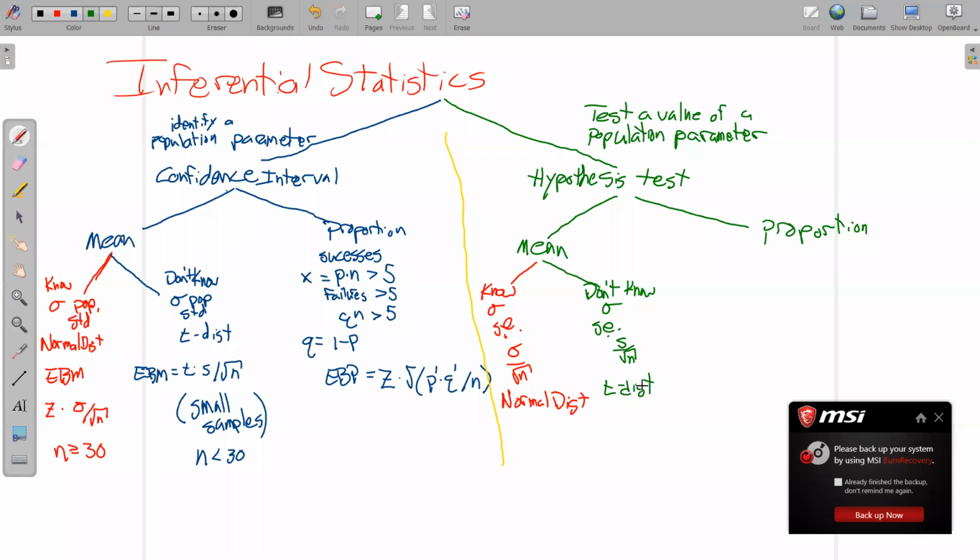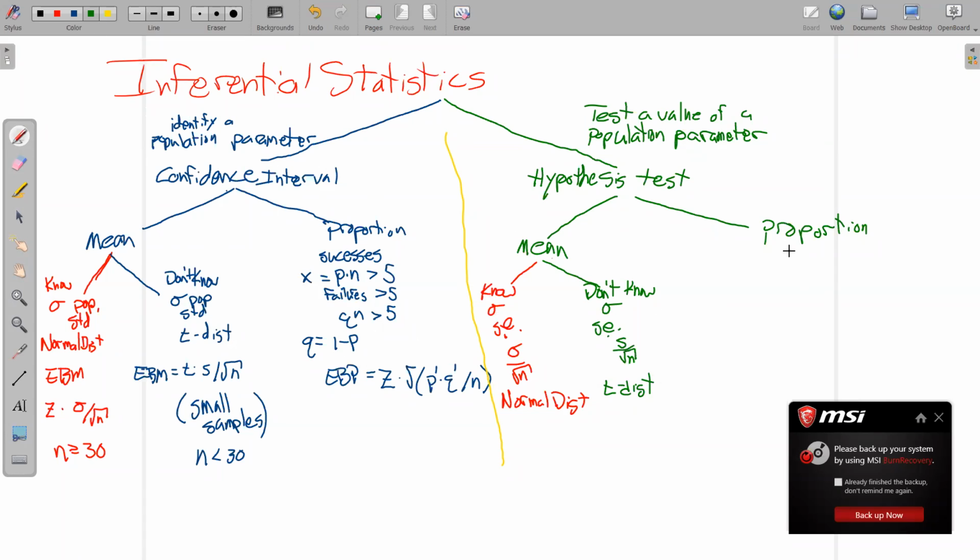And we can either use StatKey or a spreadsheet to do normal and t distribution calculations, which we started working on last week. With the hypothesis test, the main thing we're trying to figure out is the p-value. And I'll review what a p-value is in a moment.